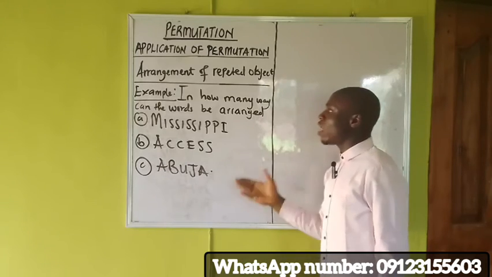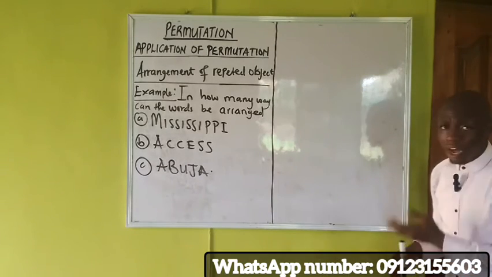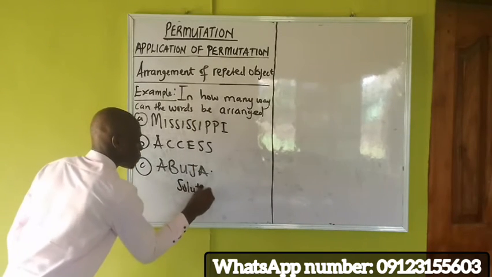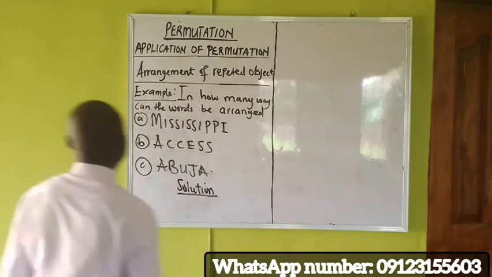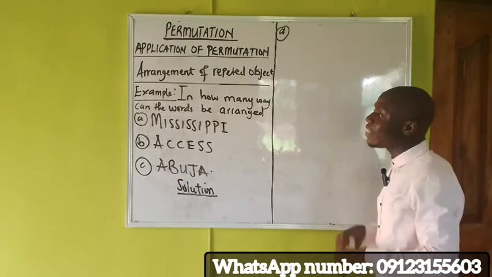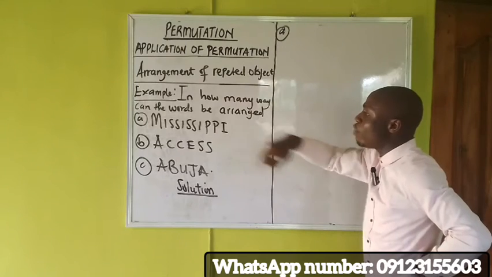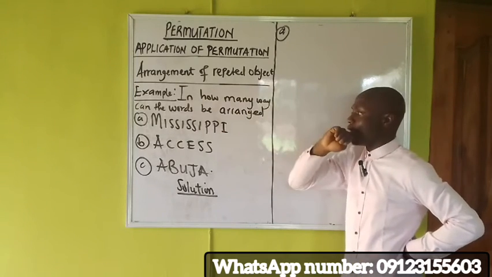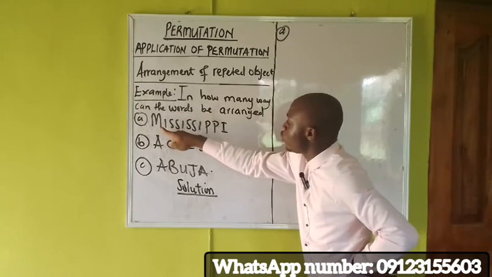Let's solve this and see. I have Mississippi. How do I solve this? First things first, count the total objects here. I have 1, 2, 3, 4, 5, 6, 7, 8, 9, 10, 11.